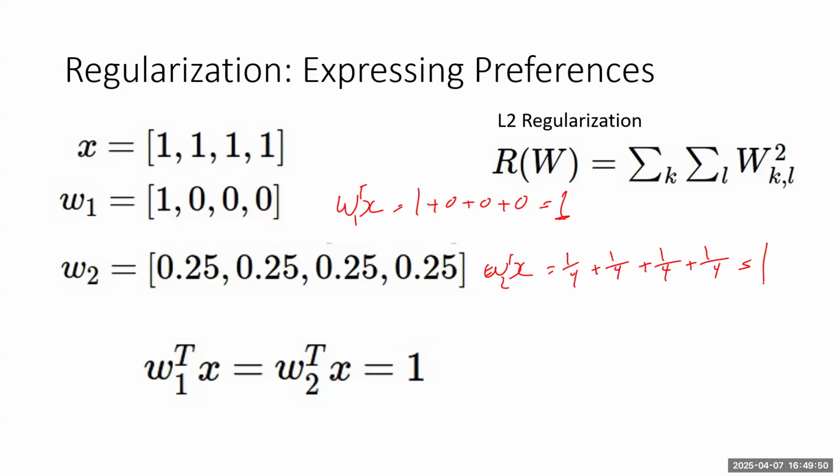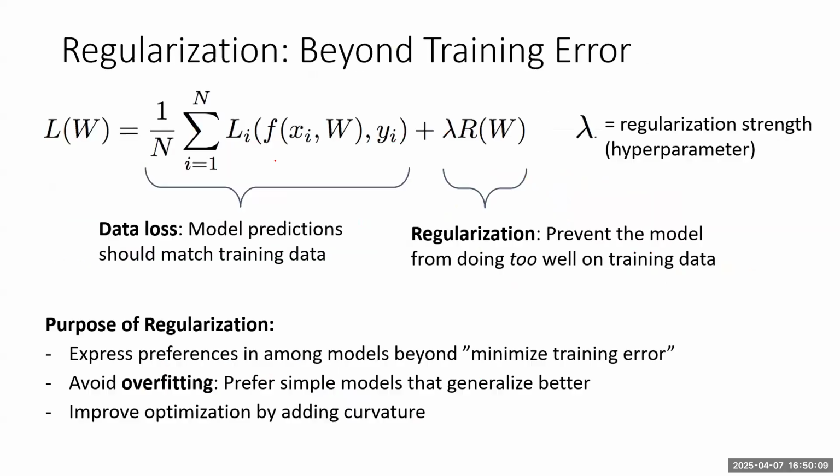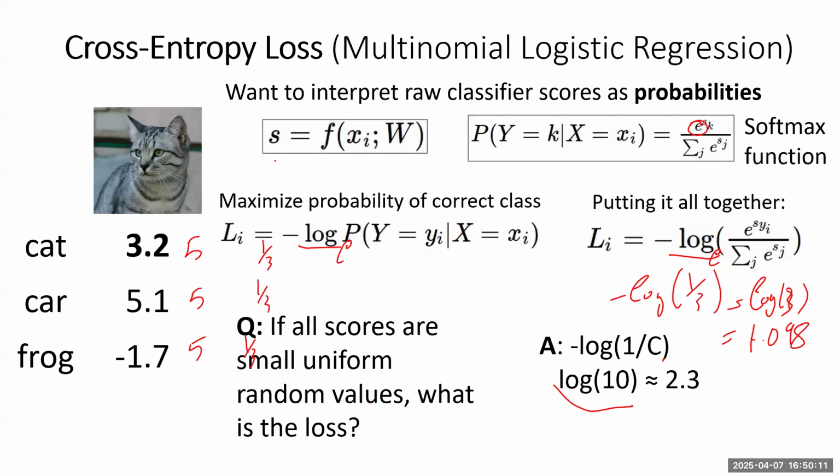Theoretically and logically, this one is using only one pixel. It ignores pixels 2, 3, and 4. I'm using this only and giving 0 weight to those. Does this make sense to you? So this means I'm using only this pixel to classify this whole image.